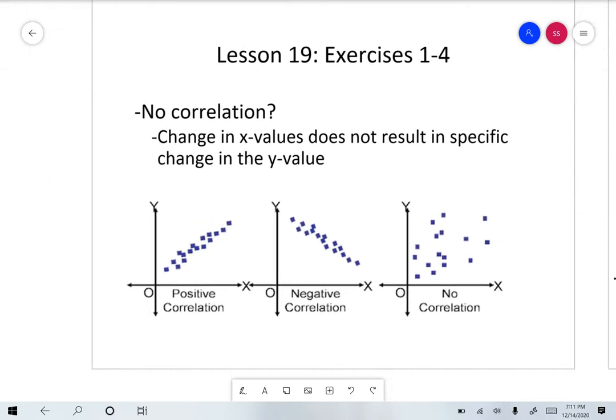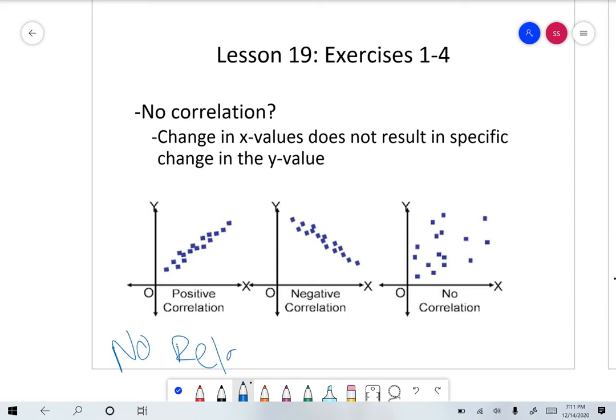There also is such a thing as no correlation, and this is essentially the same thing we talked about a week ago when we said that there's no relationship. If you have a scatter plot and your dots are just totally all over the place, random, there's no clear pattern, it means there's no relationship. Another word for that is correlation.